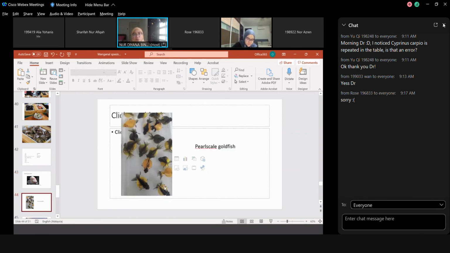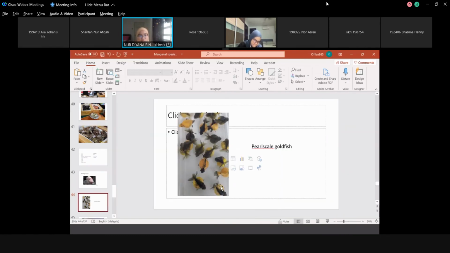Alright, last time for our practical class, we bought this fish and it looks like it's diseased, like it has dropsy syndrome, but it's actually normal. It's called a pearl scale goldfish. It's kind of bloated so that the scales are lifted up and look like pearls.